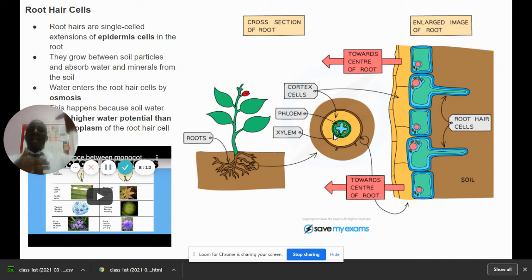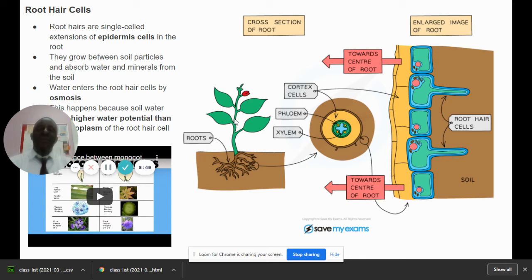And that alone is not enough for water to move up to the leaves of a canopy. We shall need another force, known as the transpiration pull or transpiration stream, whereby as water is lost around the leaves, it creates a sucking force. This sucking force pulls water from the neighboring cells, and that creates a stream known as the transpiration stream, that enables water to move from soil to the leaves of a tall tree.